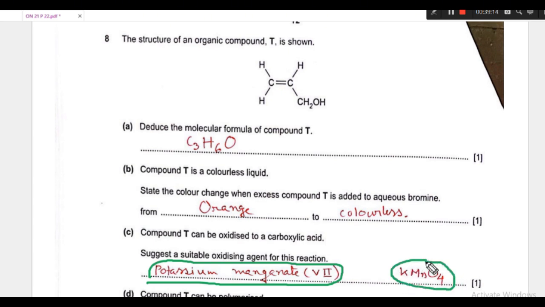KMnO4 is an oxidizing agent. If you add it, then the alcohol will oxidize to carboxylic acid. Or you can write potassium dichromate, K2Cr2O7. Then the alcohol will be oxidized to carboxylic acid.